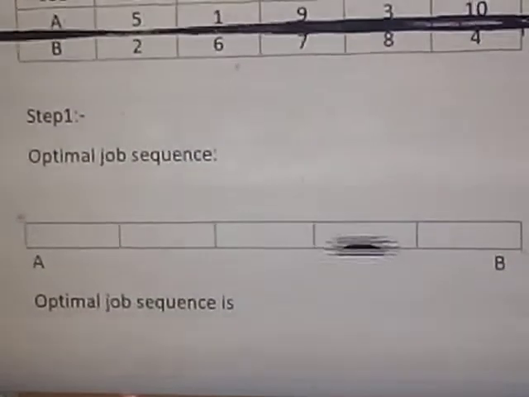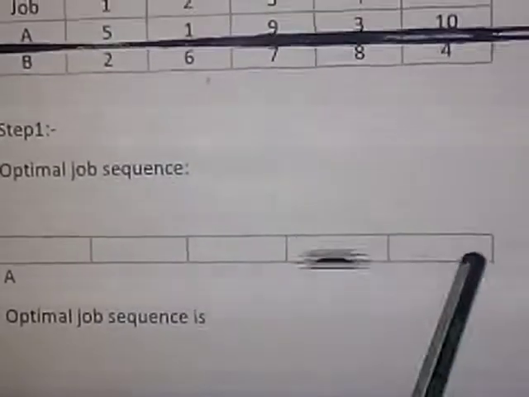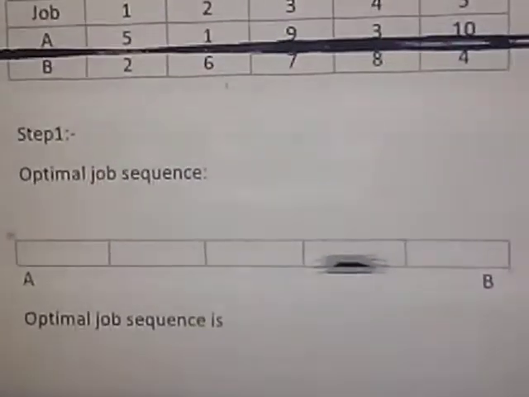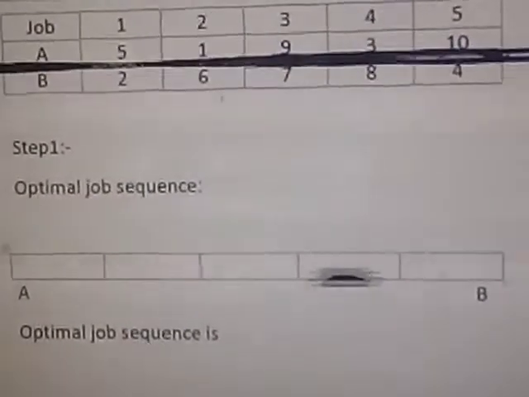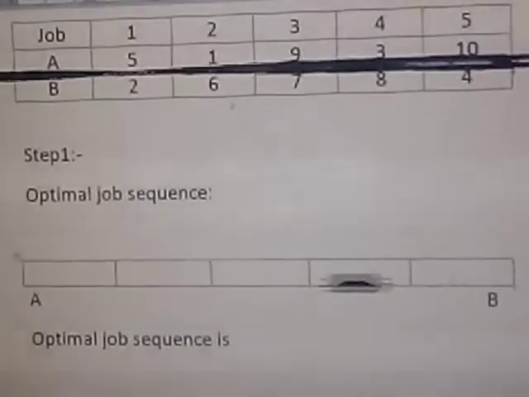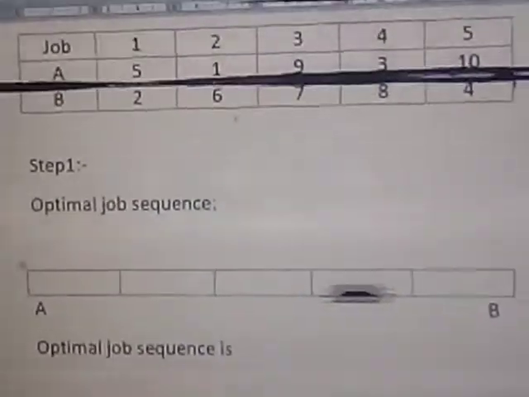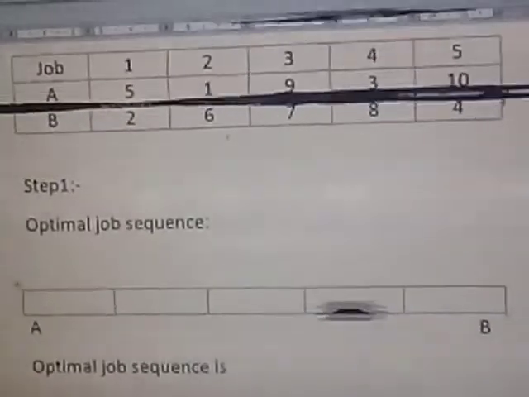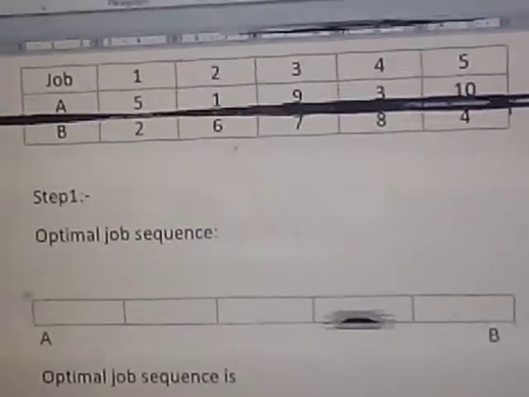We create a table of 5 columns, for 5 jobs. Optimal job sequence. Now remember that the left side represents machine A, and the right side represents machine B. To find the job sequence, let us take the least time in the two machines.